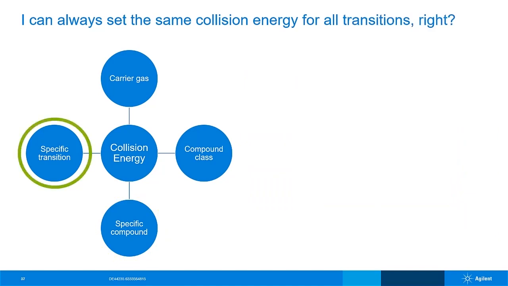There are also more than just one transition per compound typically. For most compounds, we look at a quantifier and a couple qualifier transitions, and each of these transitions sometimes requires a different collision energy.